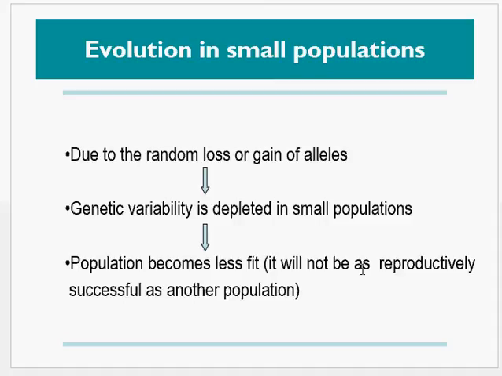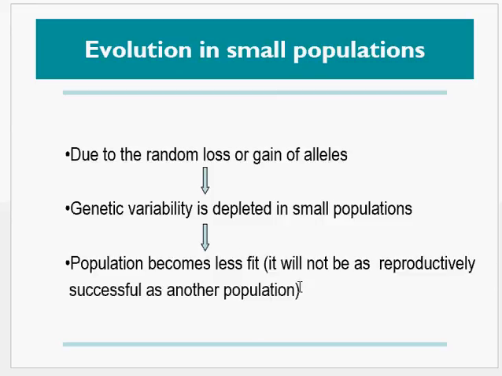So reproduction becomes more and more of a problem. And as reproduction becomes more and more of a problem, the population size will decrease. As the population size decreases, more alleles are lost, okay, through random genetic drift.